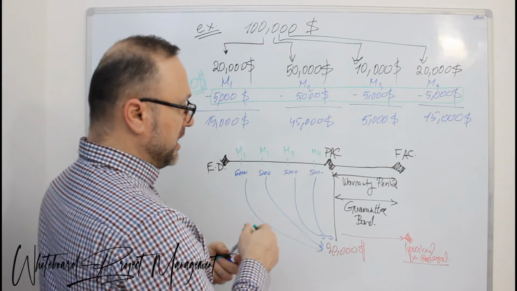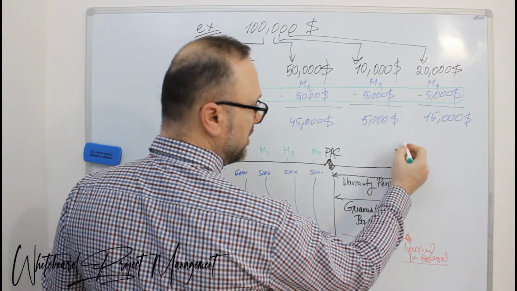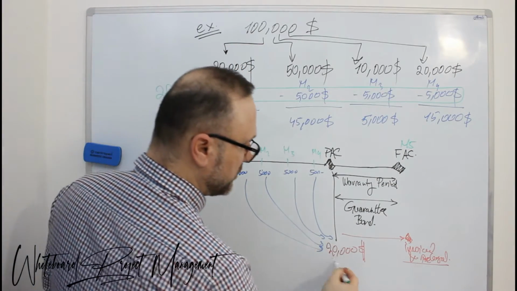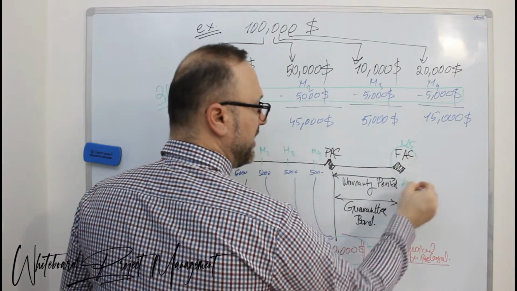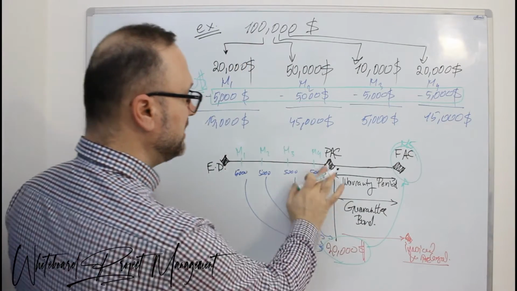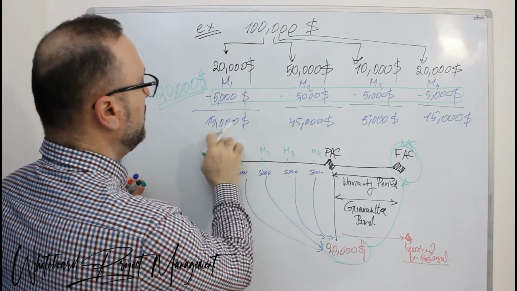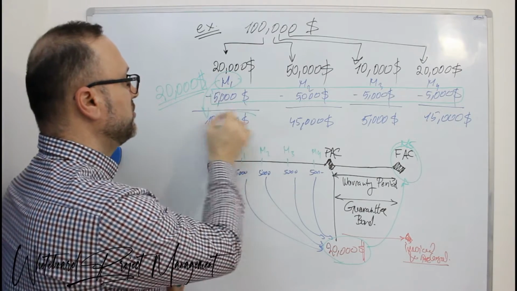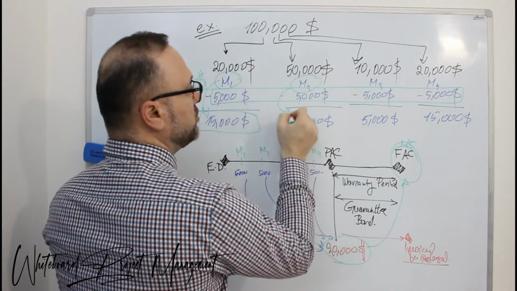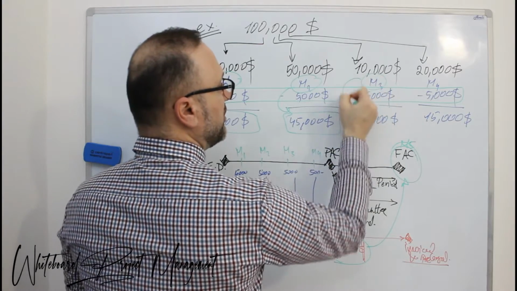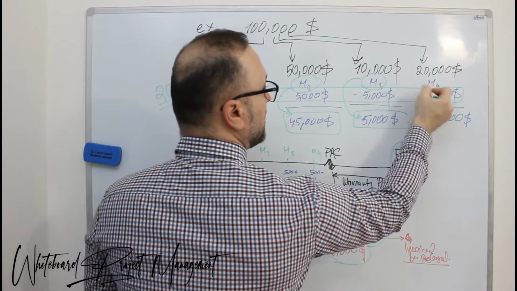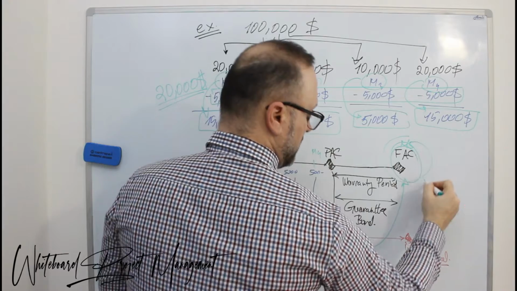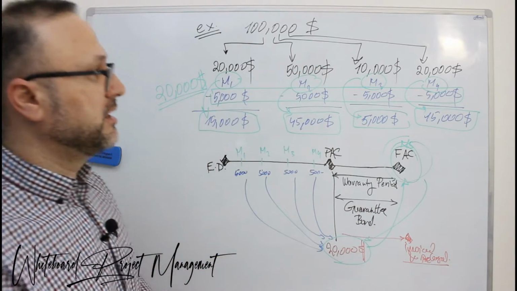Means the client will say, I will add M5 here with the value of 20,000 at the end, but these amounts will be only the new ones. Means another way, milestone 1 will be 15,000, milestone 2 will be 45,000, milestone 3 will be 5,000, milestone 4 will be 15,000, and milestone 5 will be 20,000.